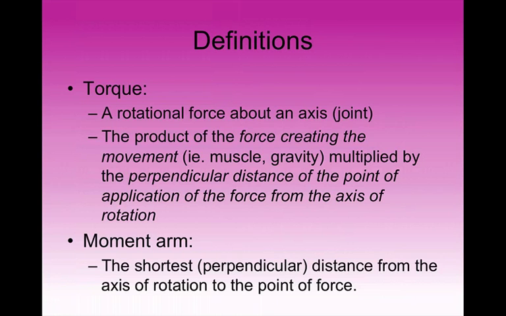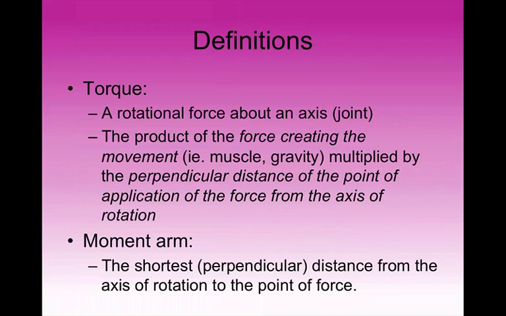I already mentioned torque, and when we're talking about movement around a joint, really we should be talking about torque more so than force. The force is what's leading to the torque, but it's the torque that causes this circular motion around an axis. I'm also going to use the term moment arm, and really there I'm referring to the perpendicular distance between the axis of rotation and the point of application of the force.